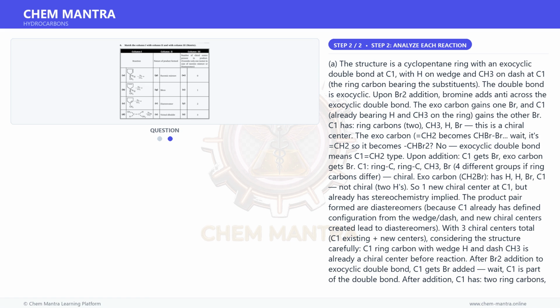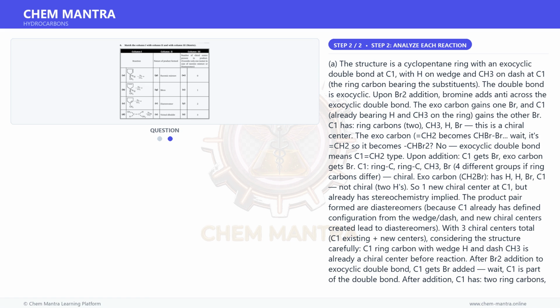After Br2 addition to the exocyclic double bond, C1 gets Br added. Wait, C1 is part of the double bond. After addition, C1 has 2 ring carbons, CH3, Br. The exocyclic CH2 becomes CH2Br, not chiral.